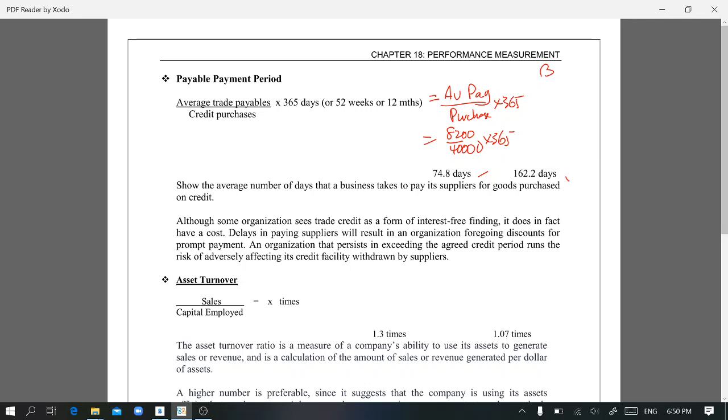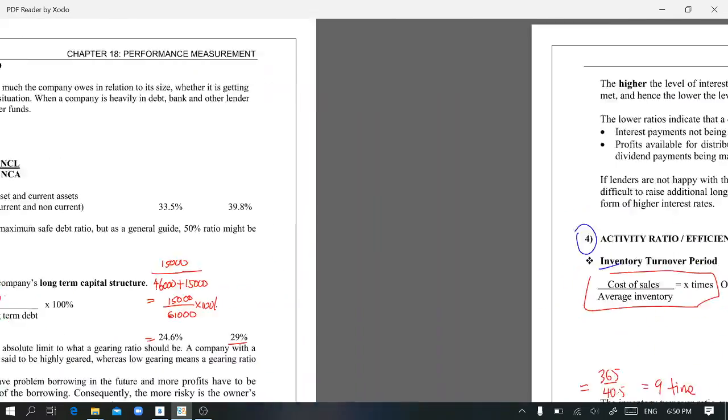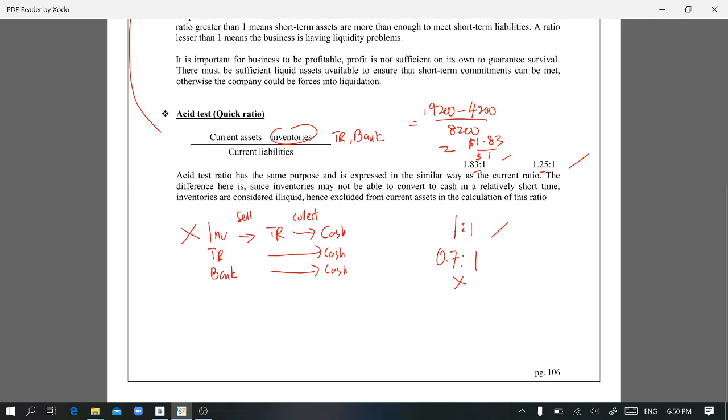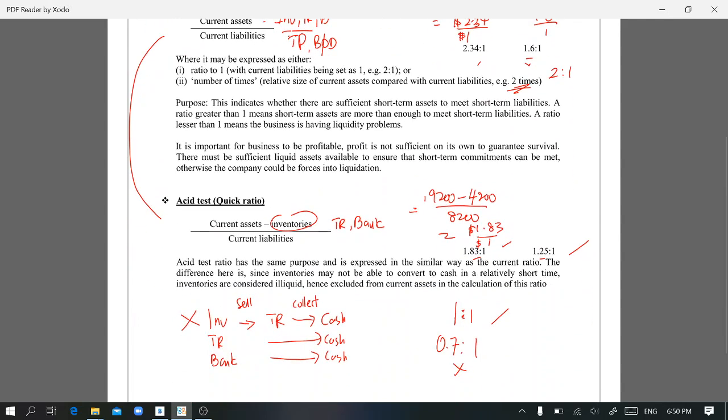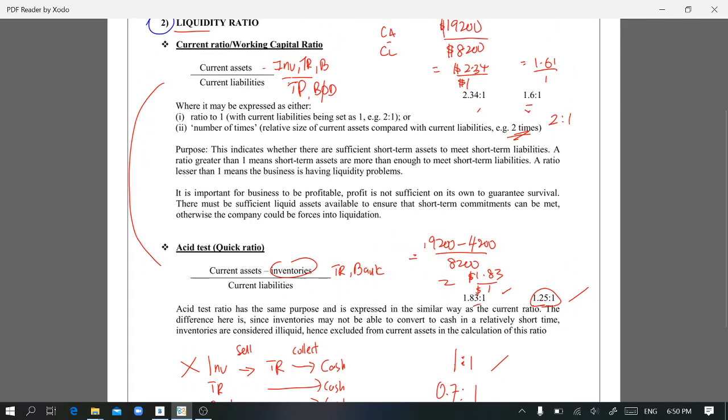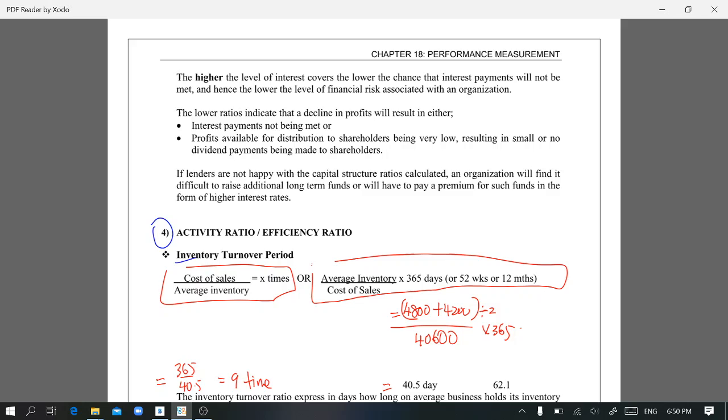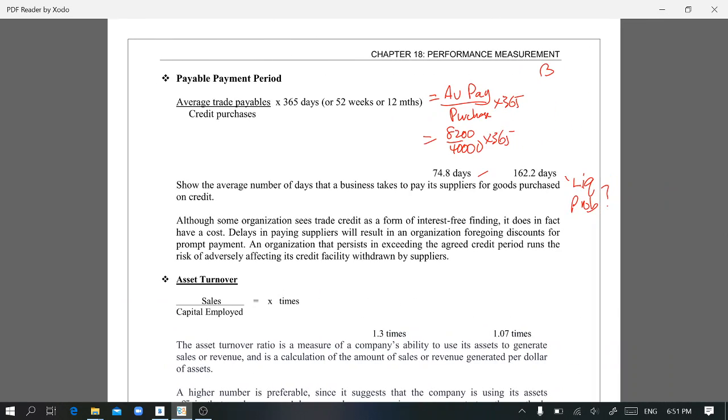So why is it taking so long? Liquidity problem? But earlier we already checked the liquidity. The company has 1.25 to 1, more than 1, so no liquidity problem. So why are they taking so long to pay? Probably they purposely delay payment to keep the cash.